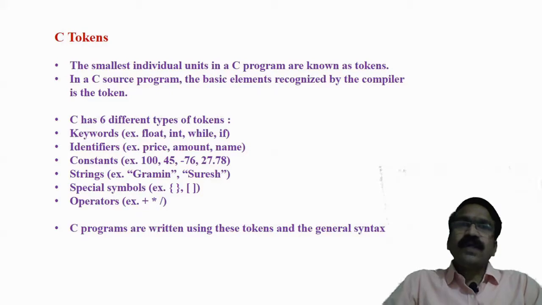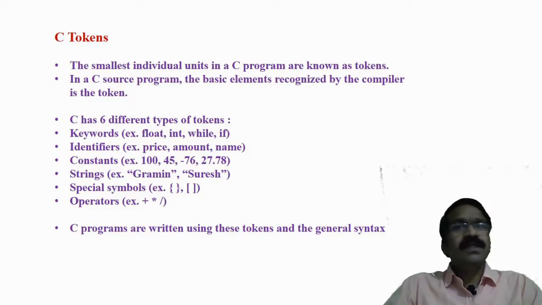Next tokens are identifiers, such as price, amount, name, that we simply call variables. Keywords are special words which are used by the C compiler. Then constants are tokens used in C. Some strings we use, and some special symbols such as curly brace, square bracket, comma, dot, star, slash.